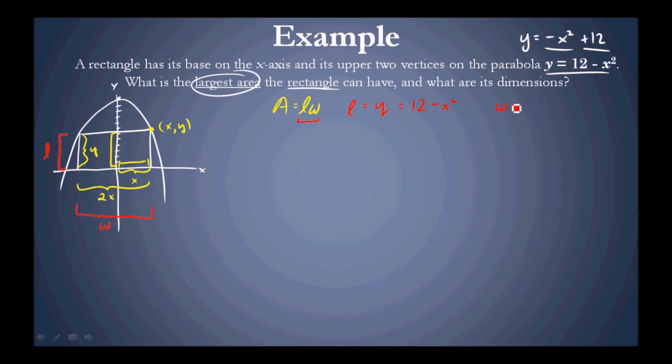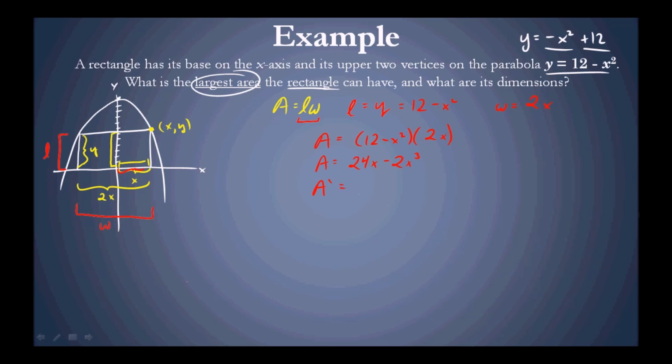Now w, we know, is 2x, twice the distance of one side to the base of the rectangle. So area equals 12 minus x squared times 2x, simplifying to 24x minus 2x cubed.